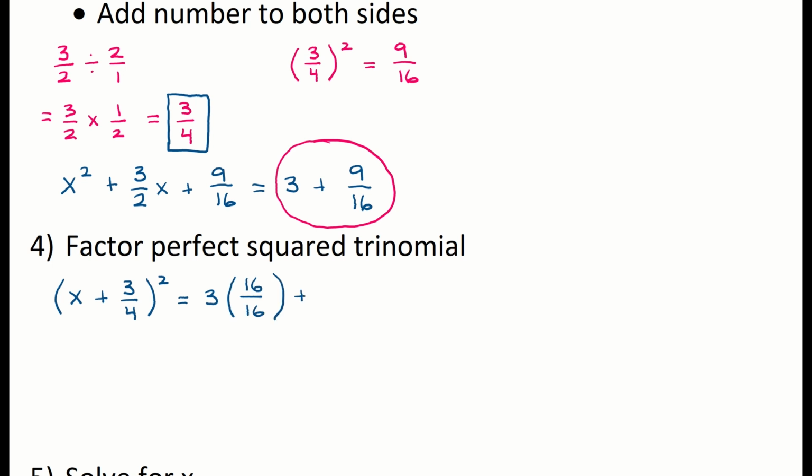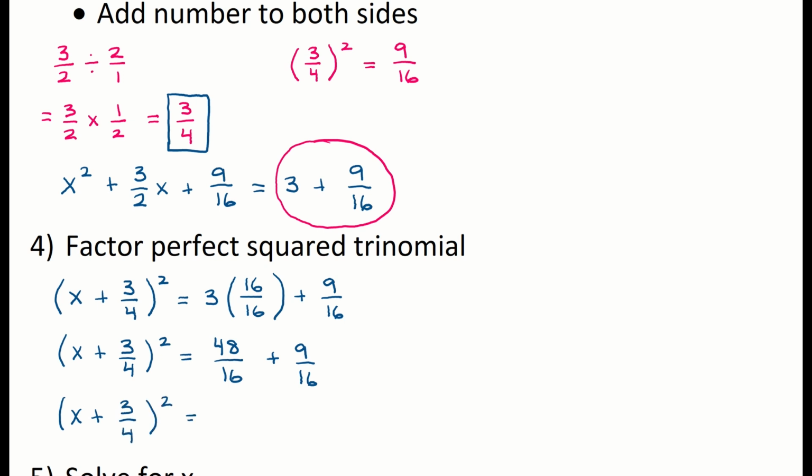And then that will let me add 9 over 16 to that. So our equation turns into x plus 3 over 4 squared is equal to 48 over 16 plus 9 over 16. And then in my next line, I'm just going to add those two numbers together to give me 57 over 16.